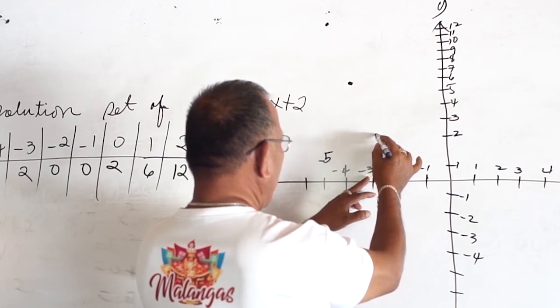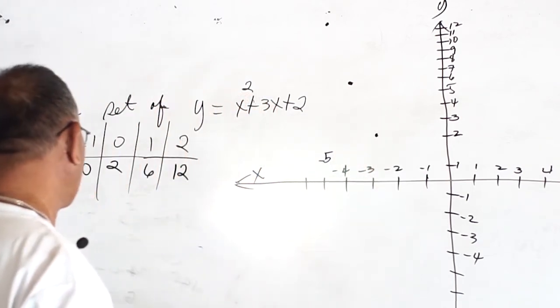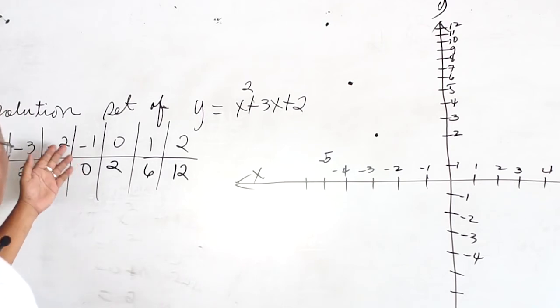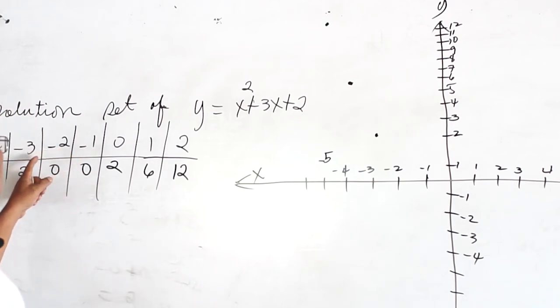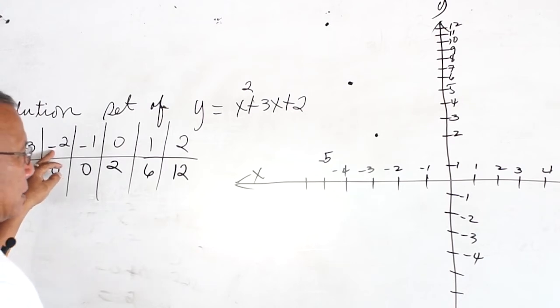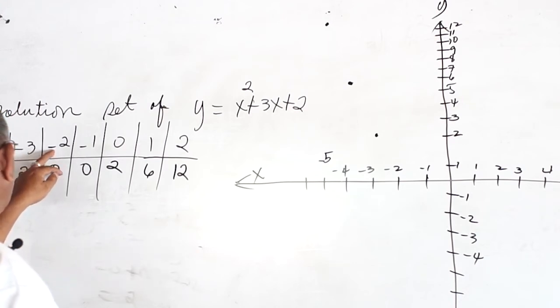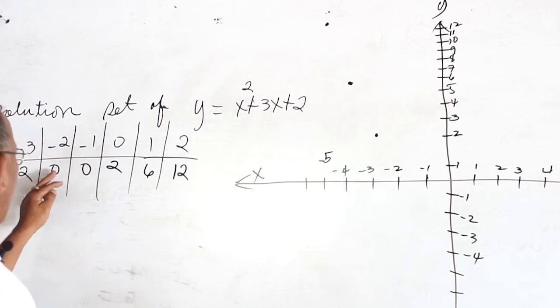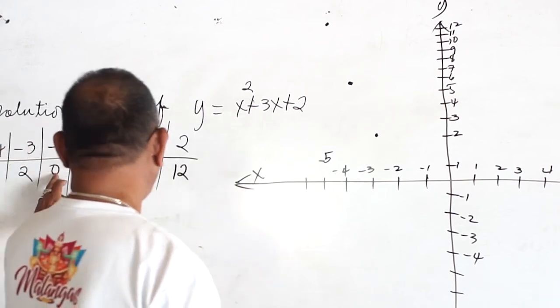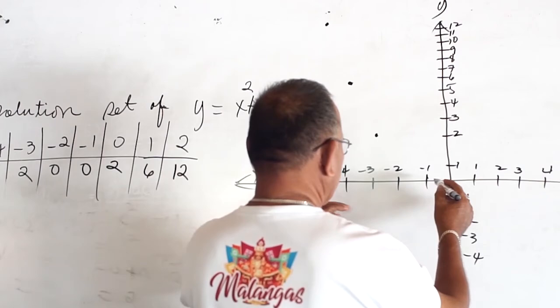So we have here the point. The next ordered pair: the x-axis is negative 2, and the y-axis is 0. So we have here the point.